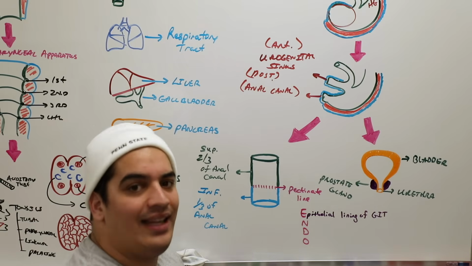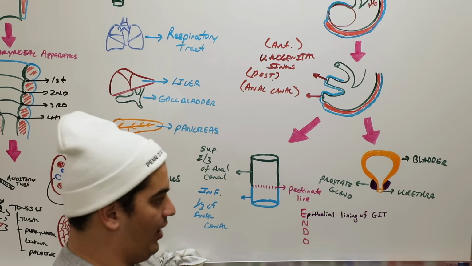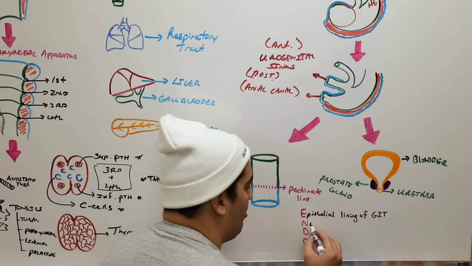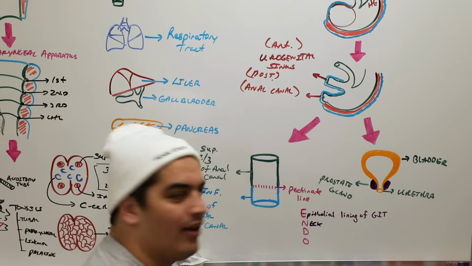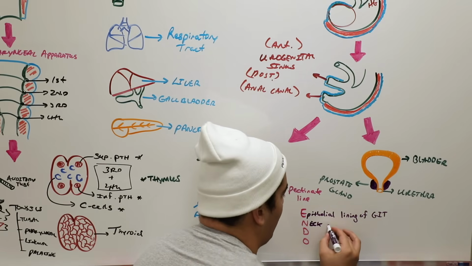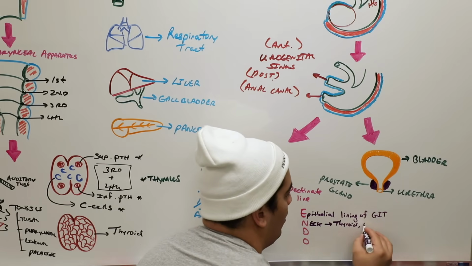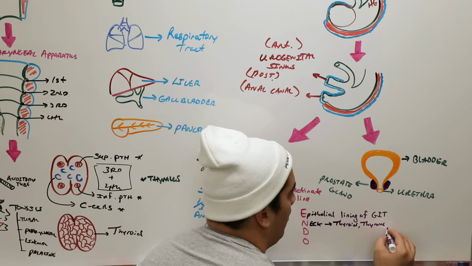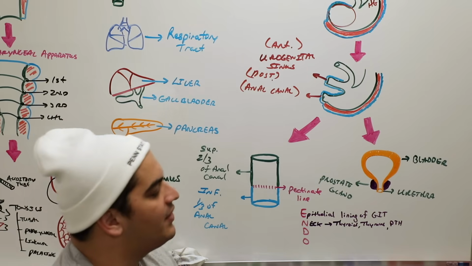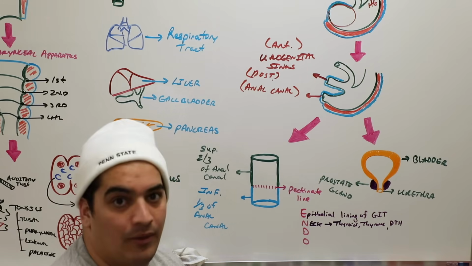That includes anything from the pharynx all the way down to that superior two-thirds of the anal canal. The other stuff is just remembering some of the stuff that's in the neck. What are some of those structures that we talked about that were in the neck? Just to mention a couple: your thyroid, your thymus, and your parathyroid glands. Obviously it doesn't cover the tonsils and it doesn't cover the auditory tube, but it gets you some of them.